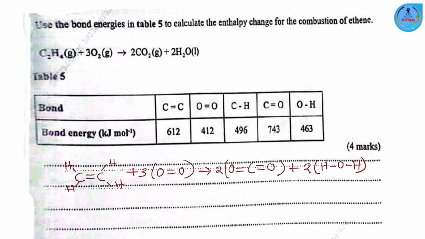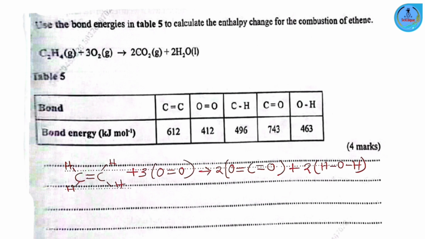Before the reaction can proceed, we need to break apart the bonds present in ethene and oxygen so that we end up having atoms of carbon, hydrogen, and oxygen, which will then recombine with one another to give us carbon 4 oxide and water.